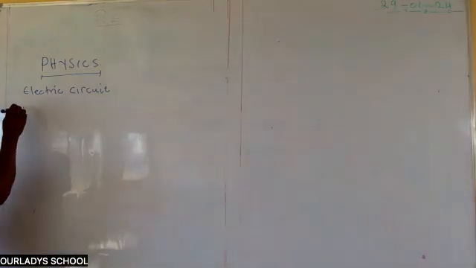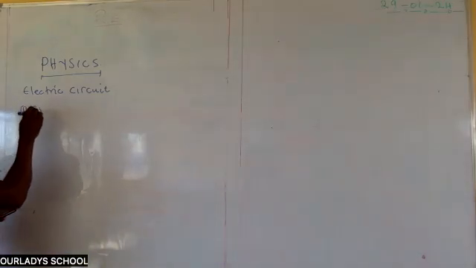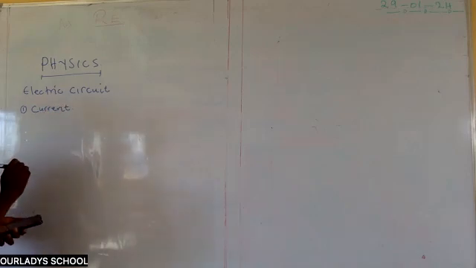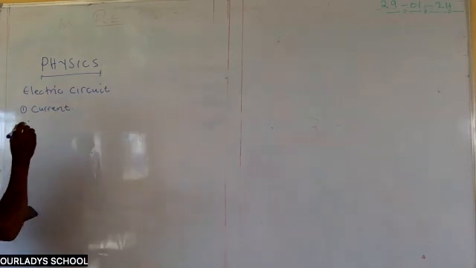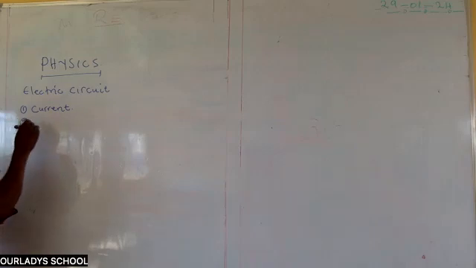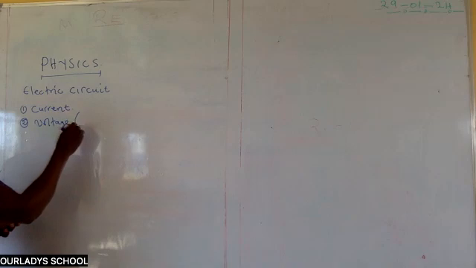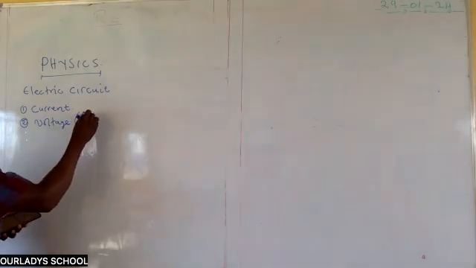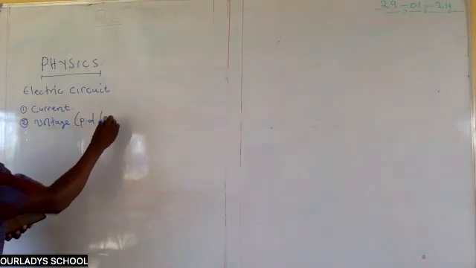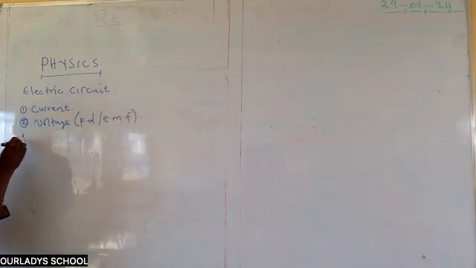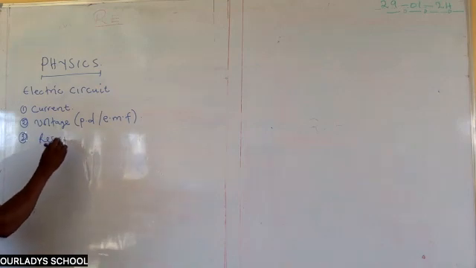Component number one, we have to look at what is current. We need to understand what current is. Number two, we'll have to look at the voltage, or you can call it potential difference, or you can call it electromotive force. Three, we have to look at resistance.